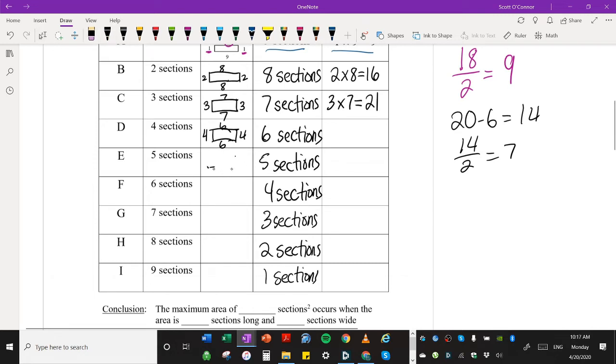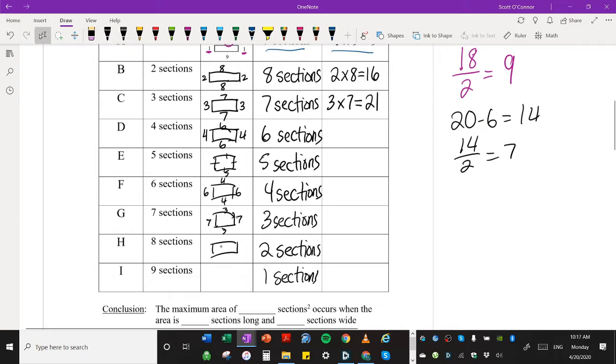And we'll make it look like that so you can see it. That's right. It's going to look like a square, which are 5 sections each. And then we're back to another rectangle, this time 6 and 4, like this. And then another one here, which is 7 and 3.